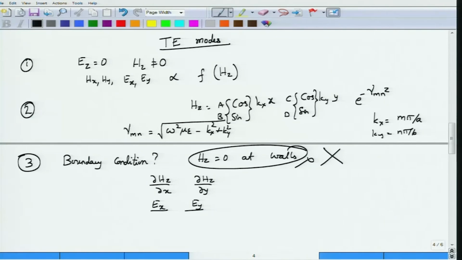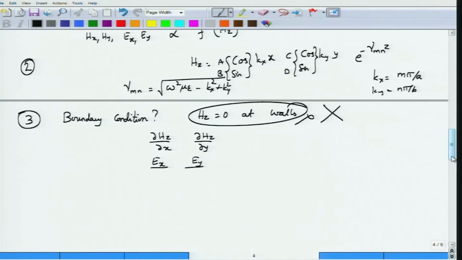So it would be corresponding tangential or normal components which we can apply then. The upshot of all this very hand-waving analysis is that at each of the waveguide walls we will apply the derivative condition, or the normal condition. So del Hz by del n equal to 0, where n is the normal to the waveguide wall.